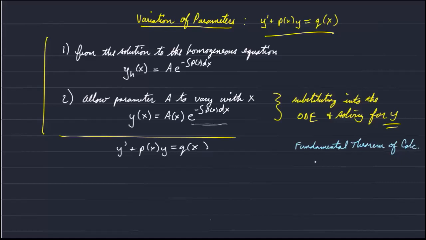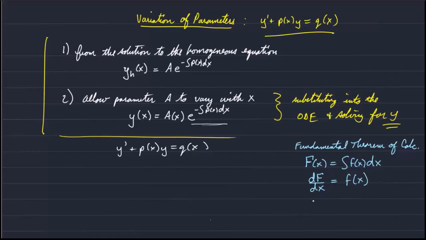So this tells us that if we have some function capital F equaling the integral of little f dx, and little f is continuous over the interval of interest, then we know that the derivative of capital F with respect to x is equal to this function.